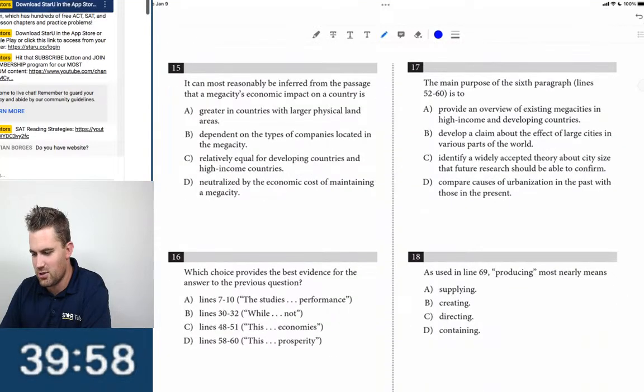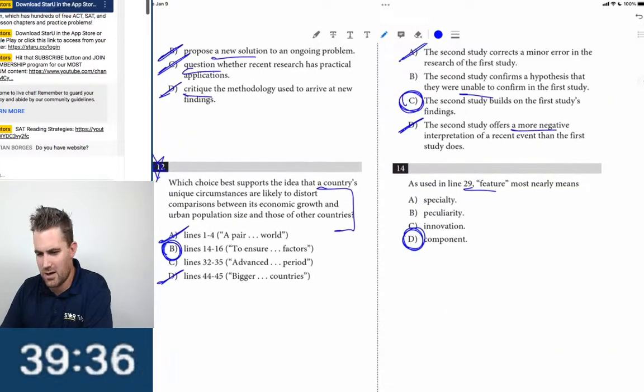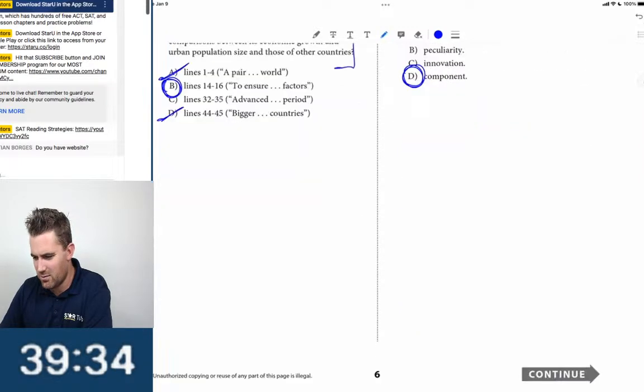Okay, it can most usually be inferred from the passage that a mega city's economic impact in a country is greater in countries with larger physical land area, depending on the type of companies. No, relatively equal for developing countries and high income countries. Greater in countries... was it greater in countries? I thought it was greater in countries with more population.